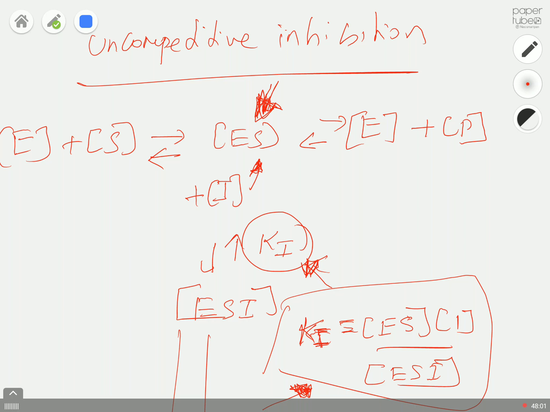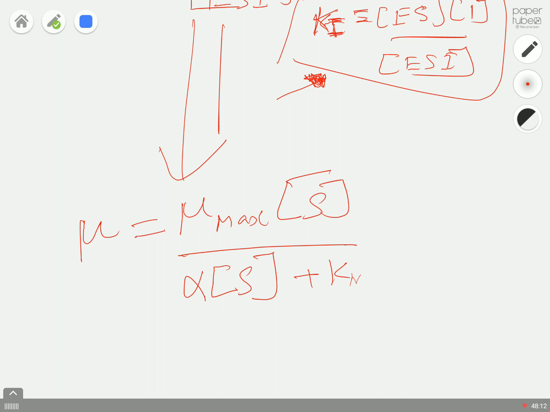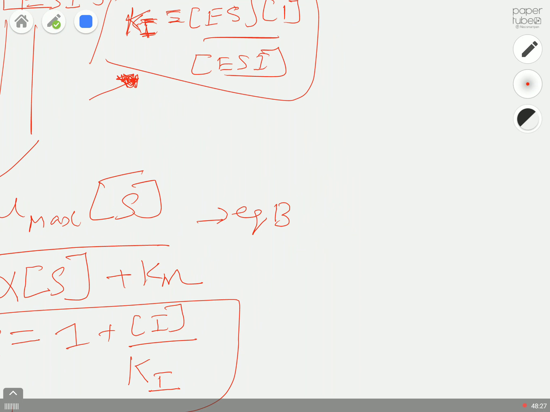The initial velocity is related to the substrate concentration by the relation with alpha S plus Km. Again, alpha is the same, 1 plus your inhibitor concentration divided by Ki. Let's call this equation B.